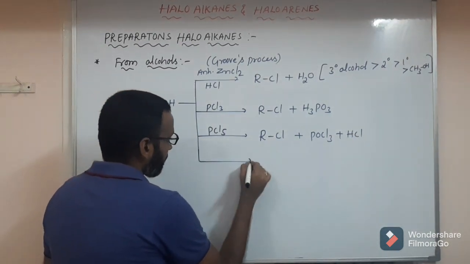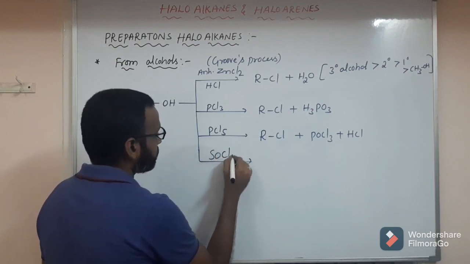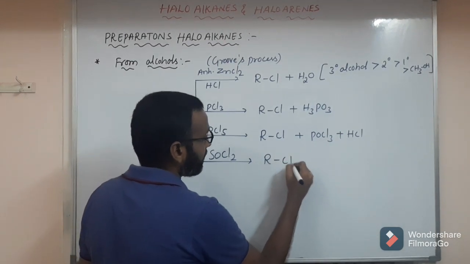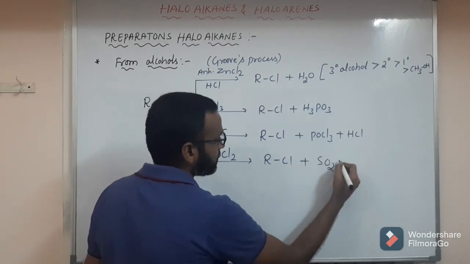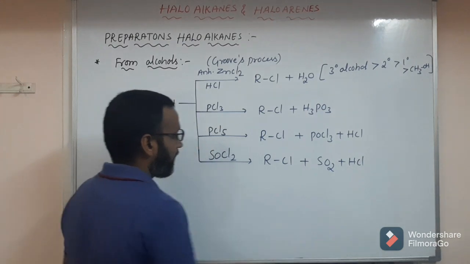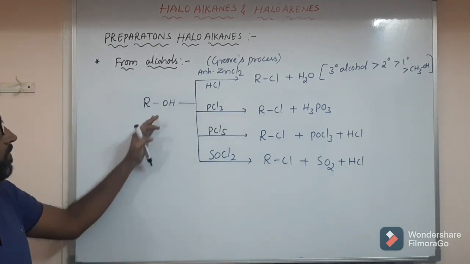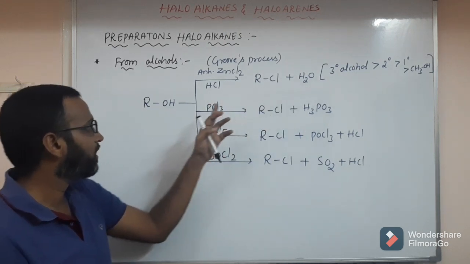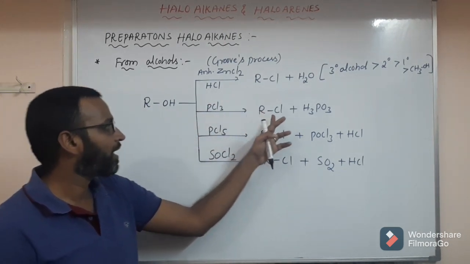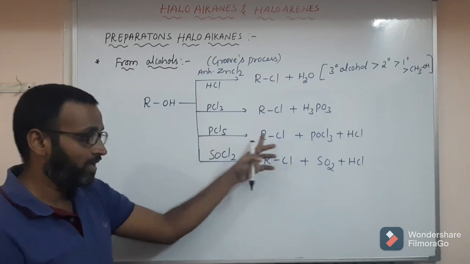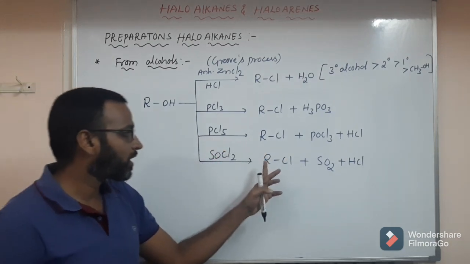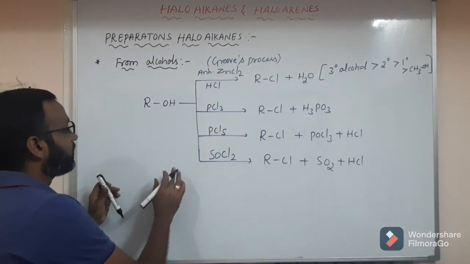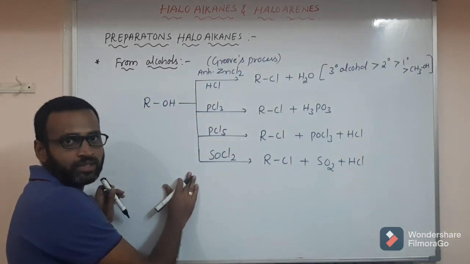Next we have SOCl2: same story, RCl plus SO2 plus HCl. So alcohol reacting with anhydrous ZnCl2 and HCl, PCl3, PCl5 or SOCl2 gives RCl. These are very important for us.